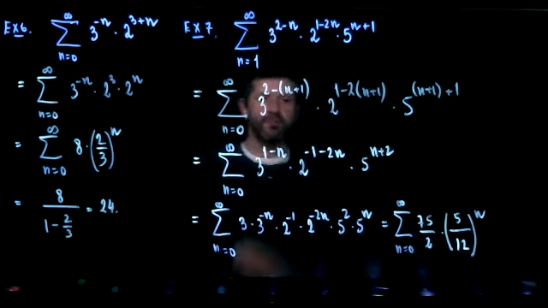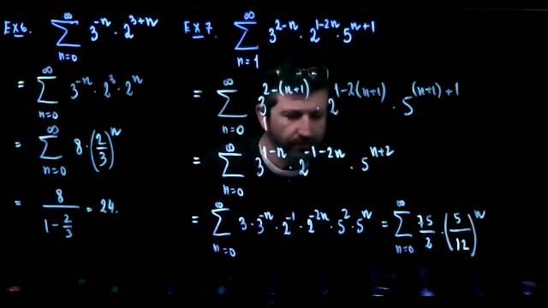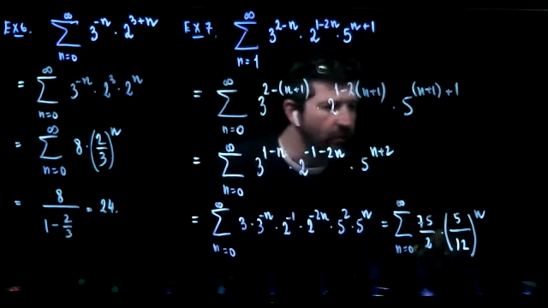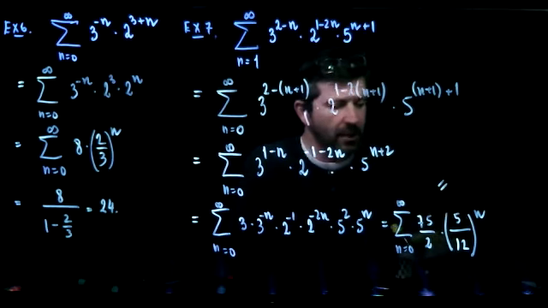That's what you get when you simplify. And now I have my form. It starts at 0, a r power n. The r here is less than 1. We're good.